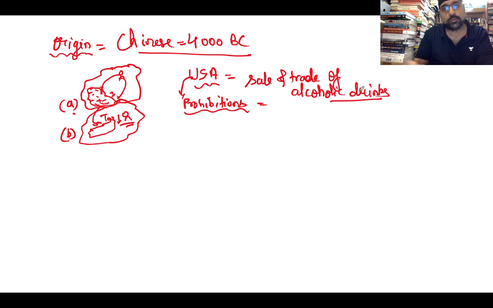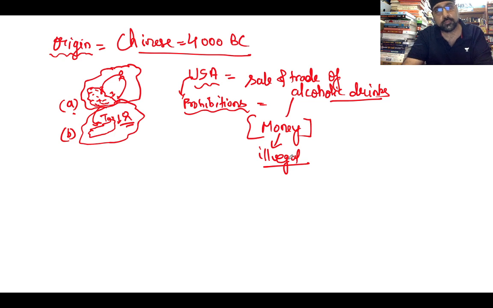When there were prohibitions on the sale and trade of alcoholic drinks, what happened at that time? Many people still indulged in the trade of alcohol, and obviously, the money that they generated out of this trade in alcohol was illegal money. This illegal money was something which they could not legally use.